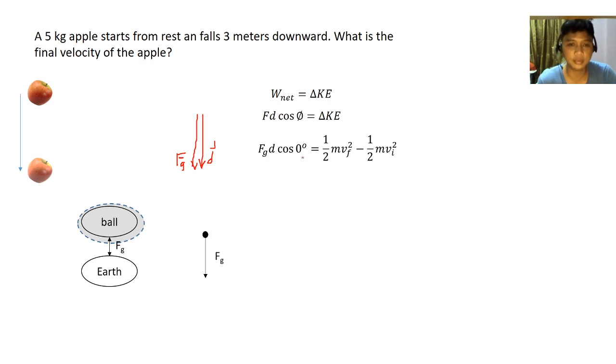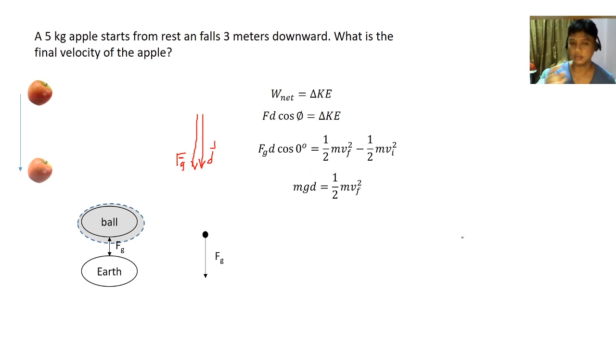F_g d cosine 0 degrees. And here, delta KE, we expanded it because KE is 1/2 m v squared, final minus initial. And our force is, again, F_g. Cosine 0 is 1, so that simplifies. And F_g is mg, just the weight of the object. So it becomes mgd equals 1/2 m v_f squared.